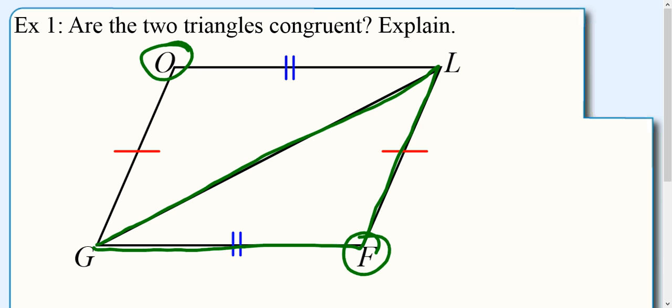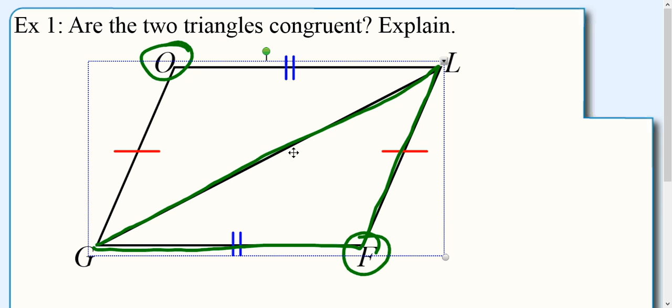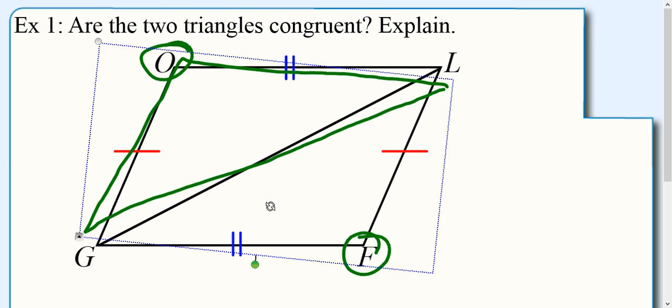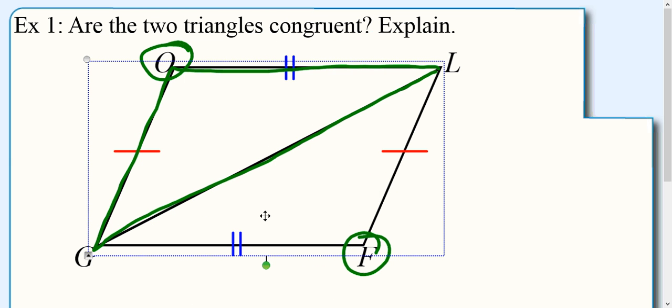And then we would try to figure out how to make this work. So it's not going to be a reflection. It's going to be a rotation to make these match up to each other. So if I rotate this around, then we can see that it matches up.